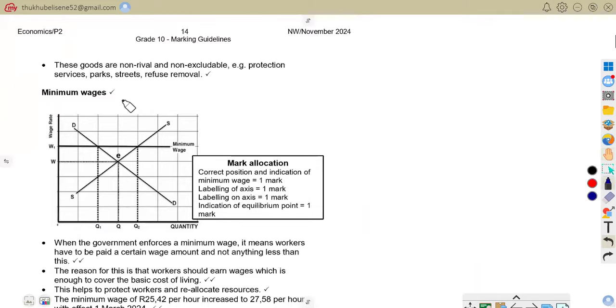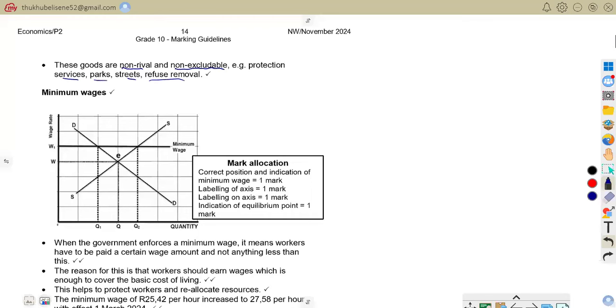These goods are non-rival and non-excludable, like police protection services, parks, streets, refuse removal. Those are the goods that are provided by government and cannot be provided by the private sector.